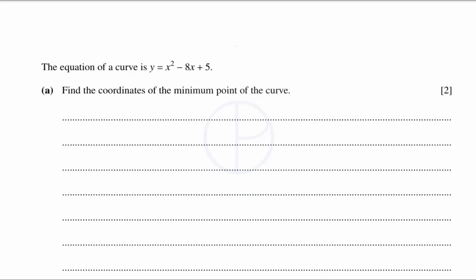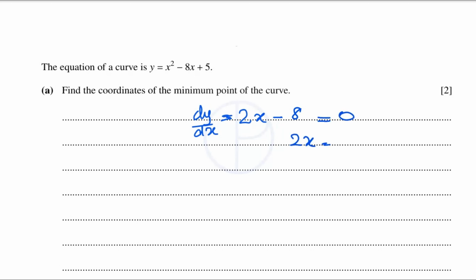The next question is: the equation of the curve is y = x² - 8x + 5. Find the coordinates of the minimum point of the curve. The minimum point of the curve can be found by finding dy/dx and equating it to 0. So let's find dy/dx: 2x - 8, and this is equal to 0.